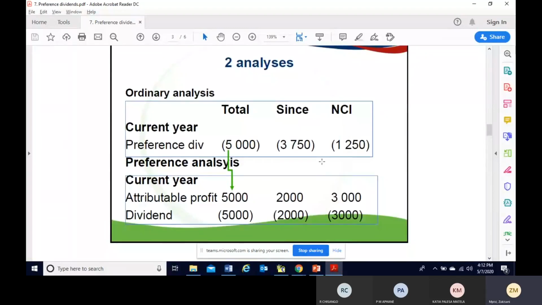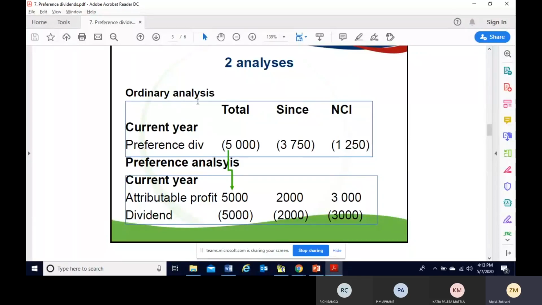So here is how the analysis is going to work. One, we'll go through this in the study guide again. It is encouraged that you must always have two types of analysis: analysis of equity, analyzing ordinary shares; analysis of equity, analyzing preference shares.